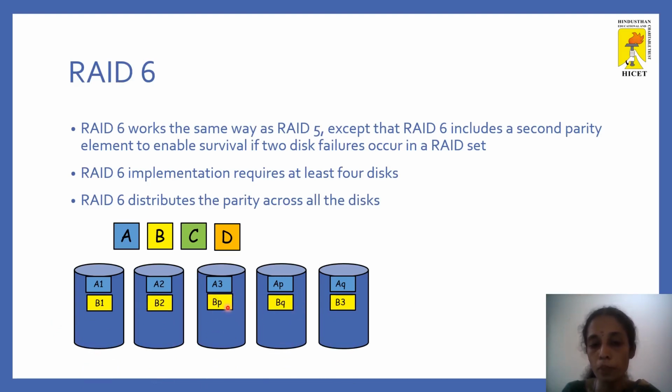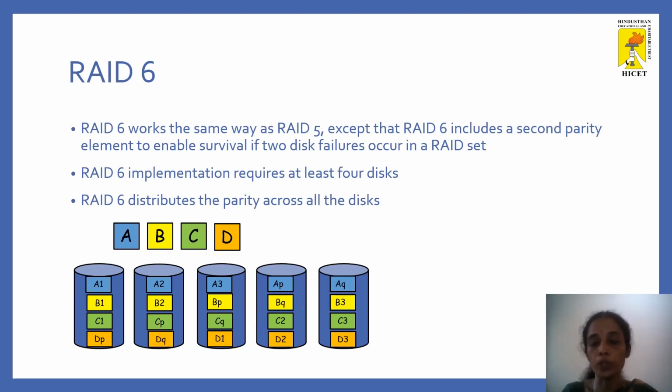You call it P plus Q parity, and the parity bits are also distributed. Similarly for C and for D. So each data block consists of 2 parity bits. Here BP, BQ, CP and CQ, DP and DQ. So these are the RAID levels.